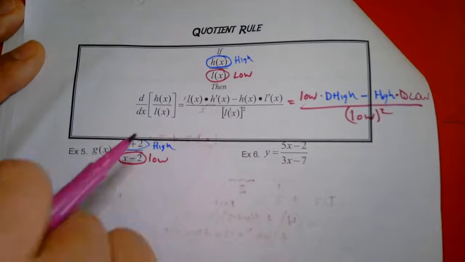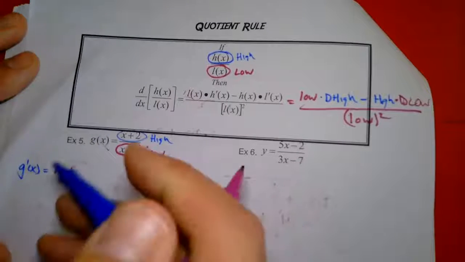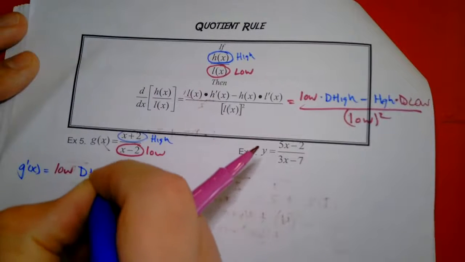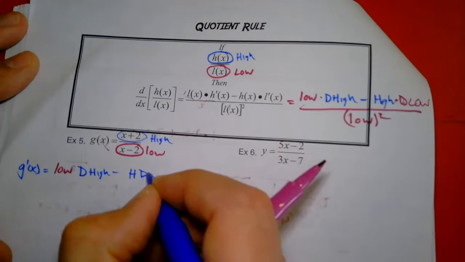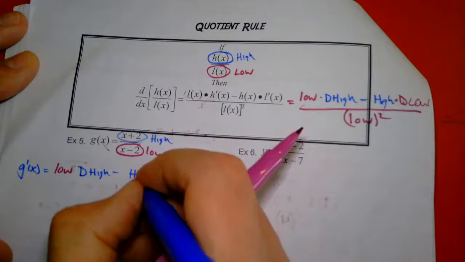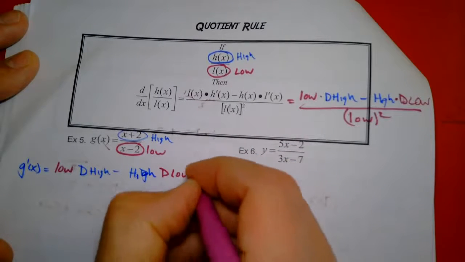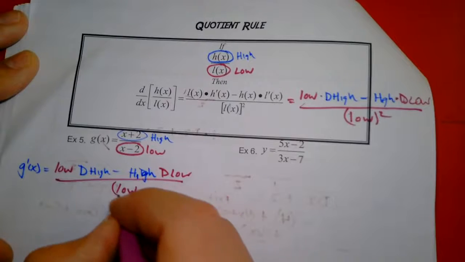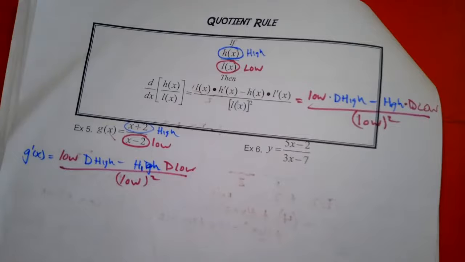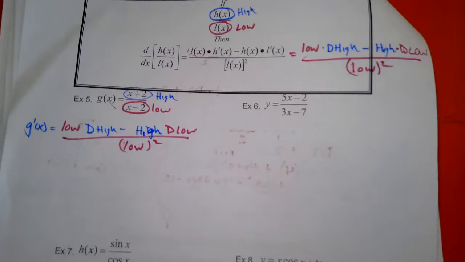So I'm going to take low d high minus high d low, I always abbreviate usually, over low, low, or low squared. So this looks super, super scary. But if you follow low d high minus high d low, super, super easy.